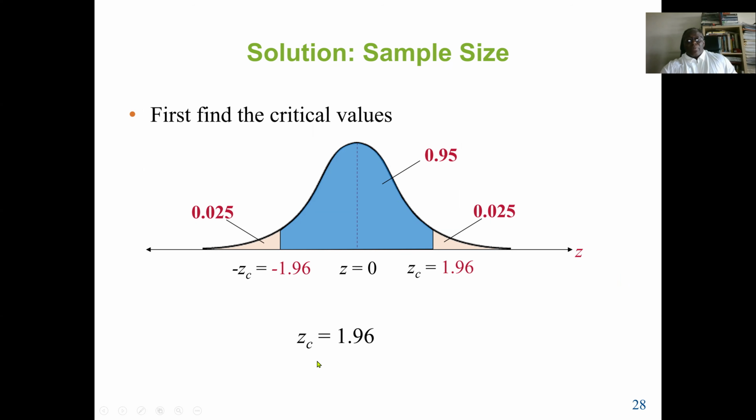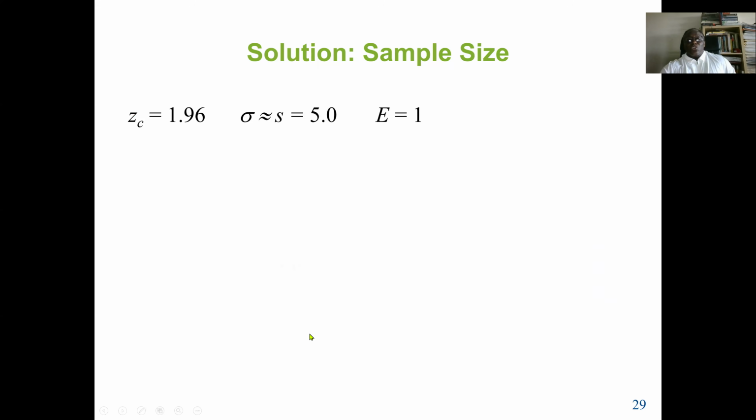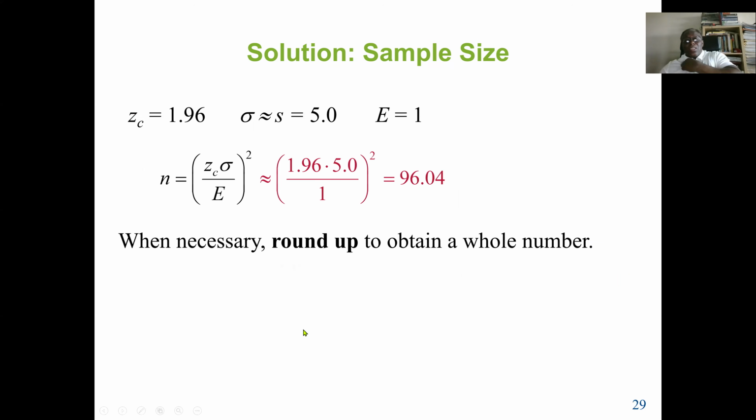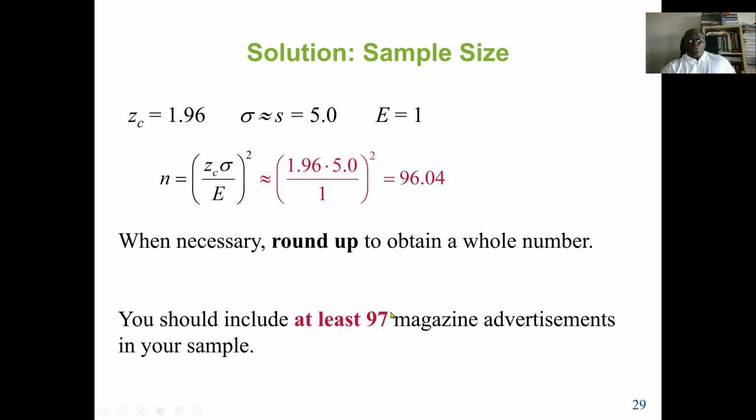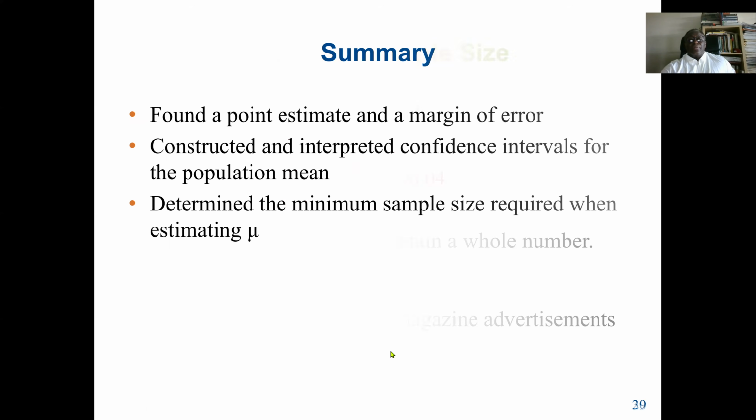We get a Zc. Then we find n, which is Zc times standard deviation over E, squared. Here the answer will be 96.04. So roughly we can approximate that the sample size will be 96, or rounding up, 97.